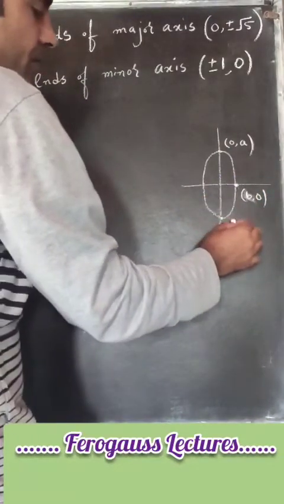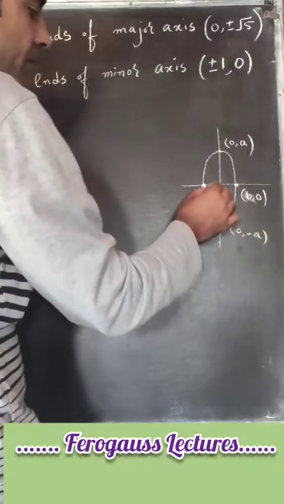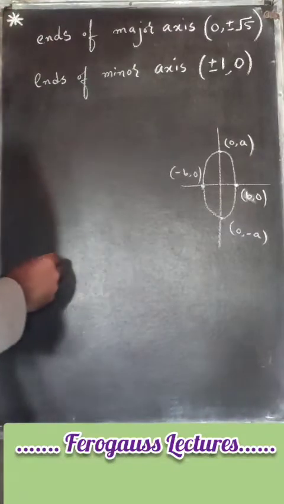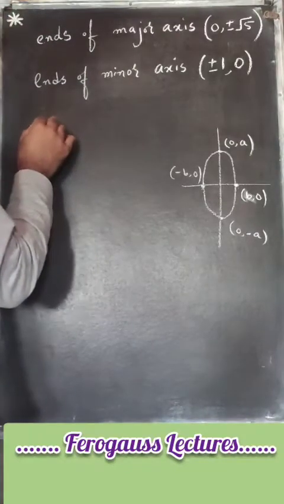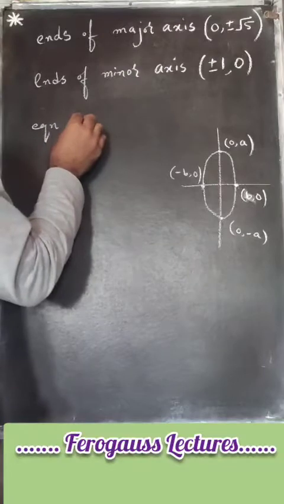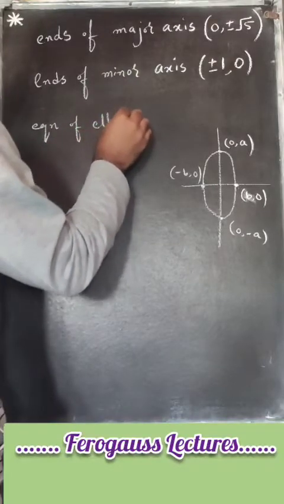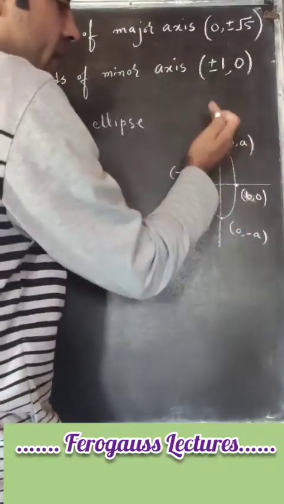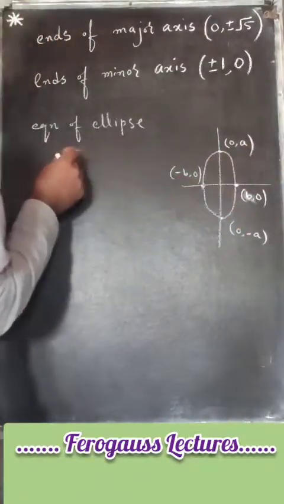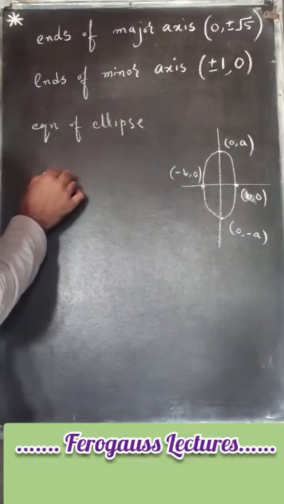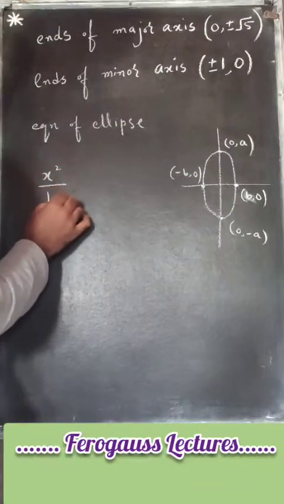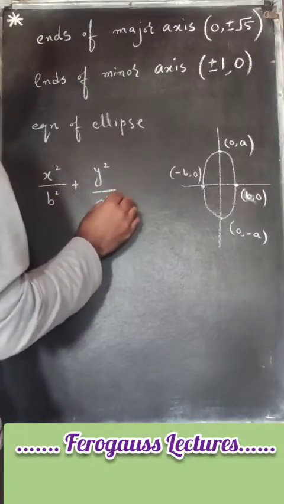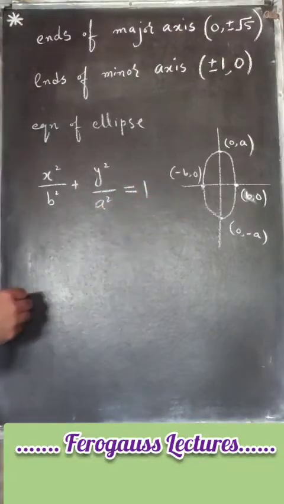And here it is 0, minus a, and it is minus b, 0. So equation of ellipse with major axis along y-axis and minor axis along x-axis is given as x square by b square plus y square divided by a square equal to 1. Okay?